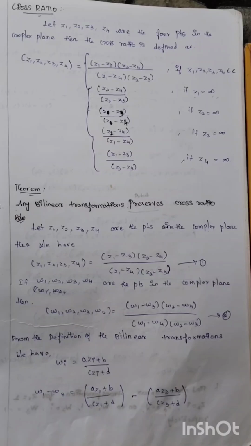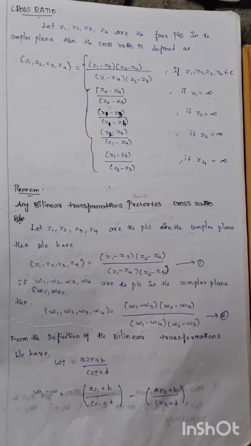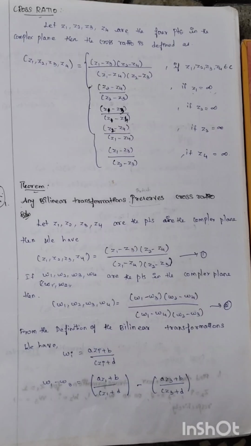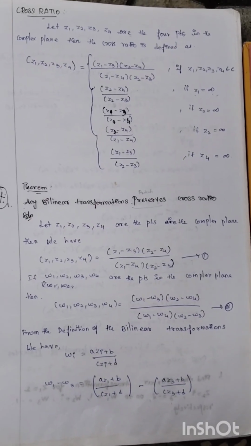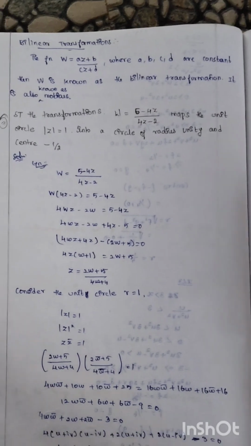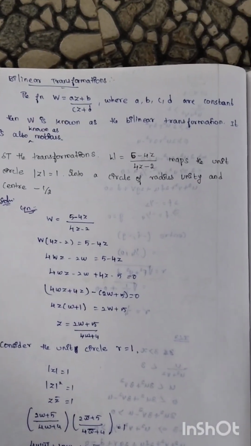We have to know what is bilinear transformation and cross ratio. So first we have to define bilinear transformation and cross ratio. What is a bilinear transformation?